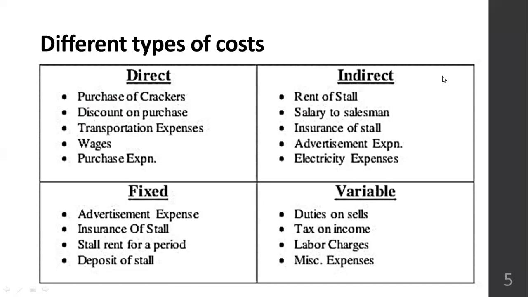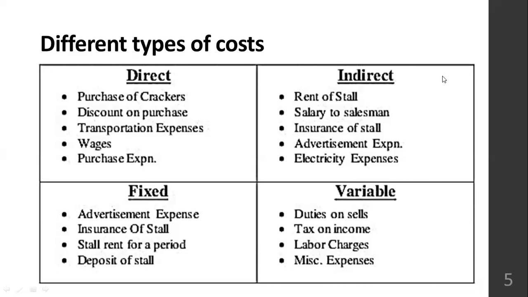Wages, the salary you give to the daily wage workers, blue collar workers, that is a direct cost. Purchasing expenses, anything that you have to buy for your institution. If it is a hotel industry, vegetables, fruits, groceries that you buy to run a hostel or to run a hotel, that's a direct cost.